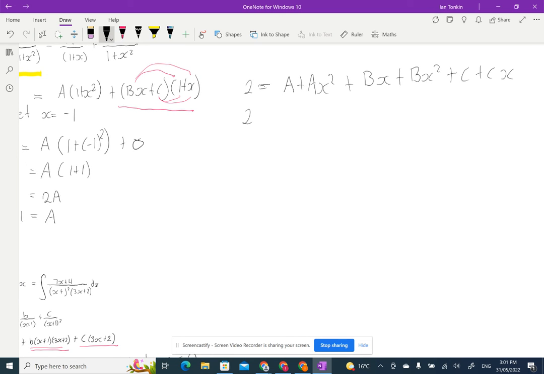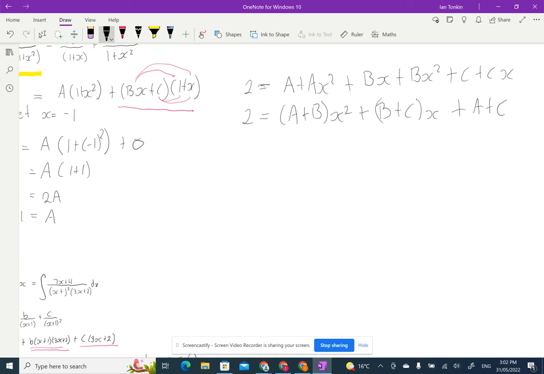And I'm going to try and tie it all together. So I'm going to get all the x squared. So I've got an a and bx squared. So I'm going to get a plus b x squared. And I've got a b and a cx. So b plus c x. And I've got an a and a c at the back. A plus c.